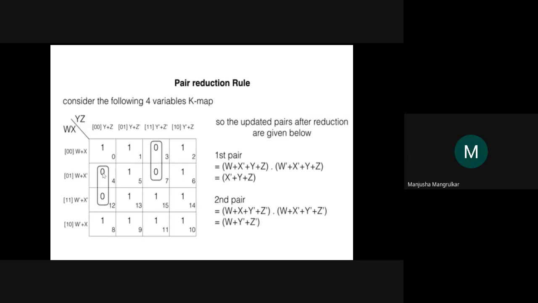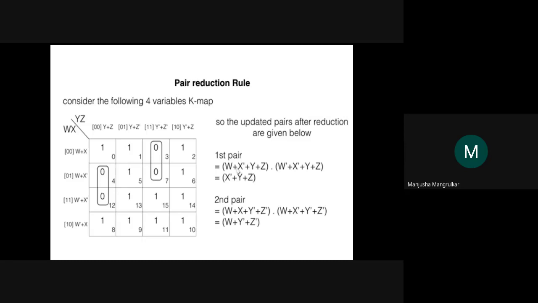Cell 0 is denoted by w plus x complement plus y complement plus z complement, right? Cell number 4... cell number 12 will be denoted by w complement plus x complement plus y plus z, right? Both are here.